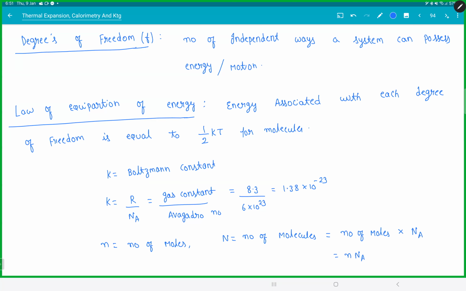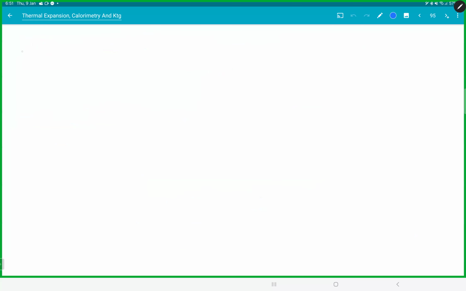So what is the kinetic energy of a molecule? The kinetic energy of one molecule is given by F by 2 kT, where F is the degrees of freedom, and each degree of freedom will have kT. Now the kinetic energy of a gas: a gas contains a lot of molecules.